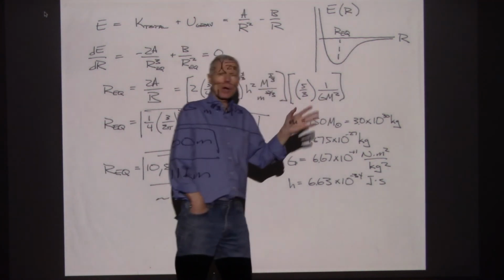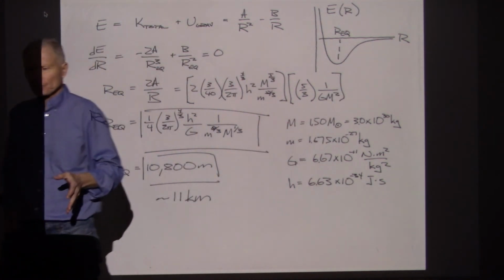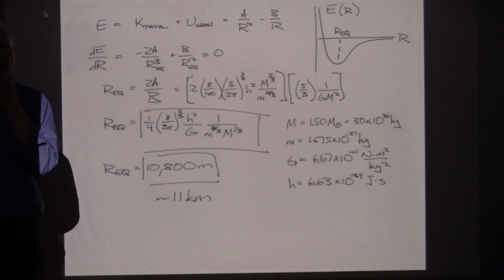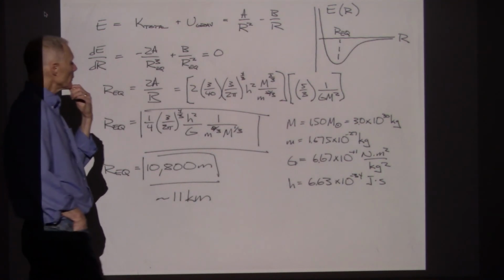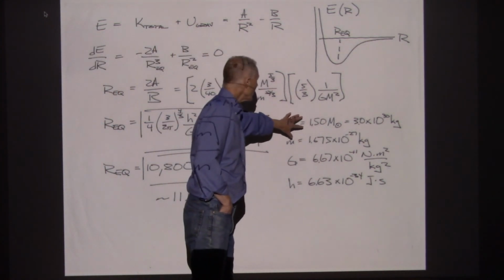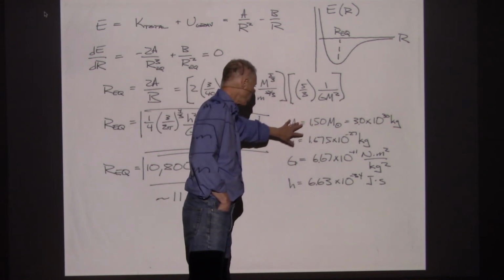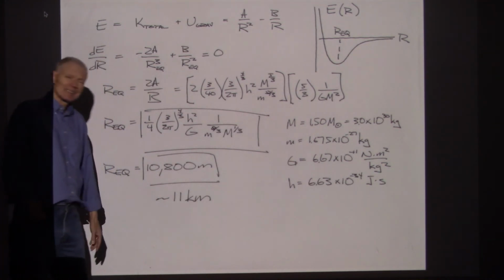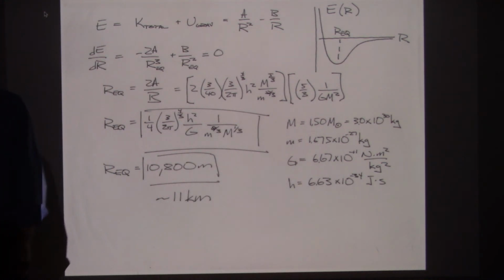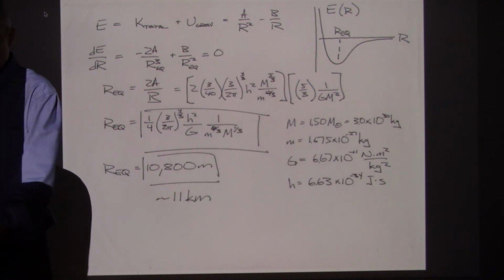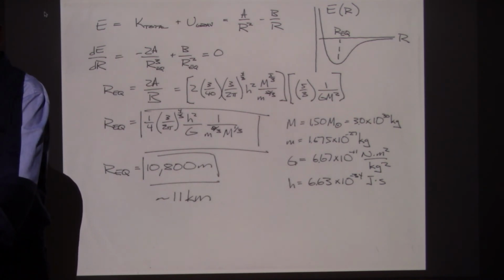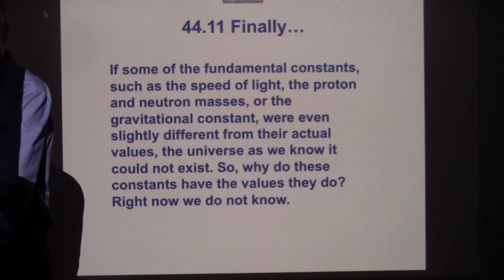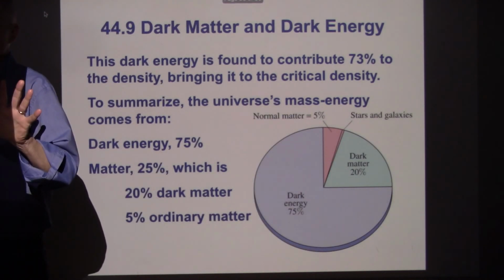So the sun's not heavy enough to collapse into a neutron star, but something 1.5 solar masses would be enough, and if it collapsed into a neutron star, it would only be 11 kilometers across. So that's kind of a remarkable outcome. But again, I'm not going to worry about that.